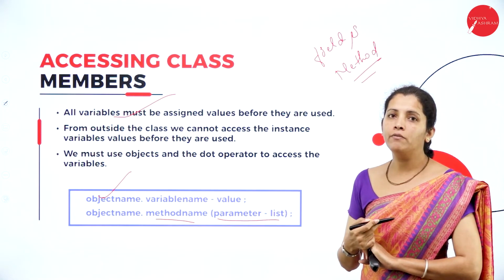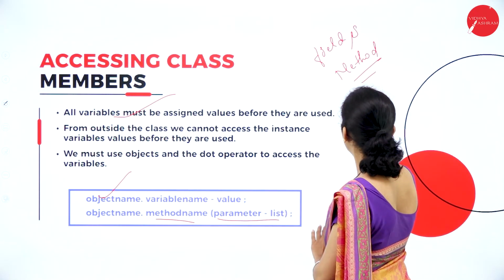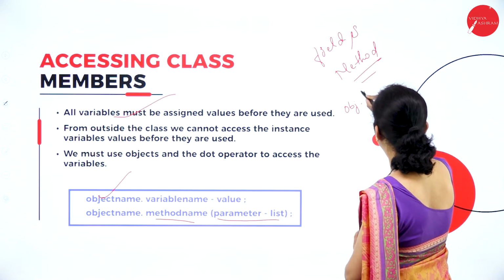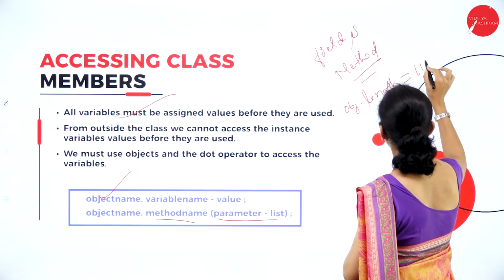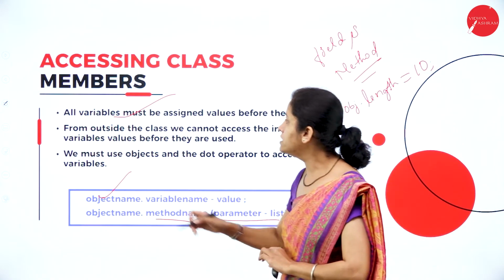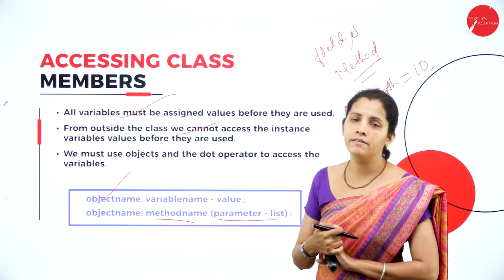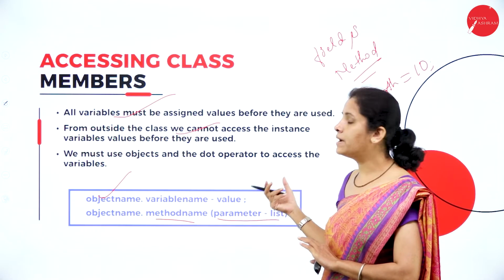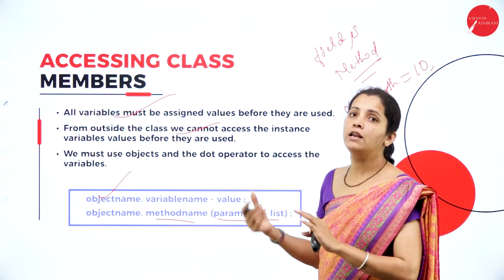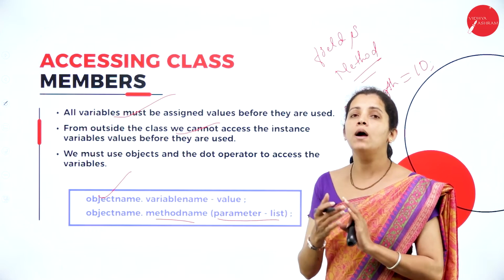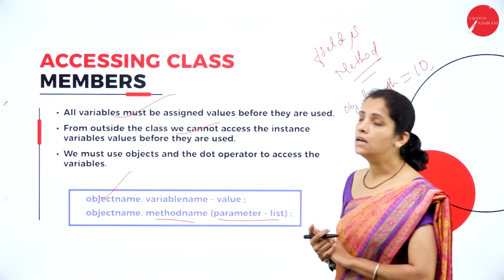Dear student, if I want to assign the value, how am I going to assign it? That is object.length equal to 10. From outside the class, we cannot access the instance variable values before they are created. If I declare the variables in my class and the values are not yet assigned, I assign the value by using object dot variable name.